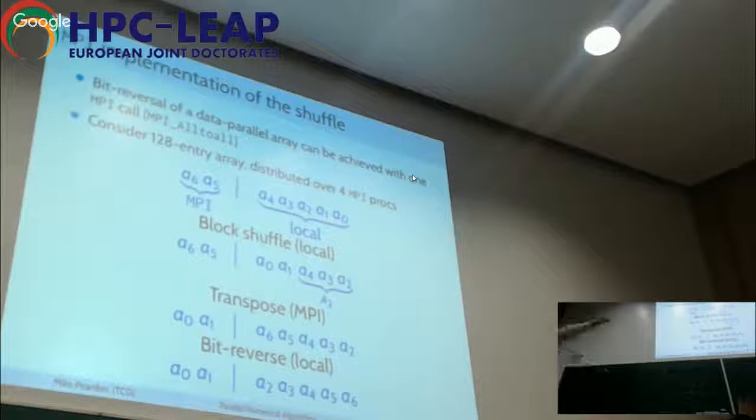So you can see now the upper and the lower steps there, which are local operations, are not the same. That's an important point. They're not identical operations. They're doing different things. They would be identical, I think, if the length of the data locally and globally is the same.